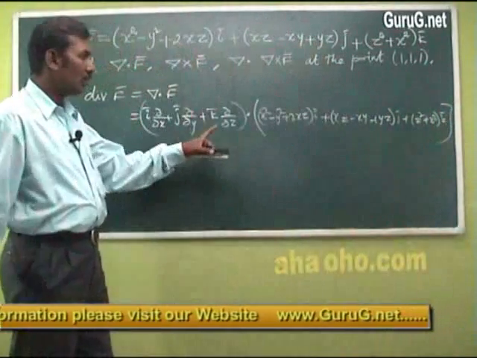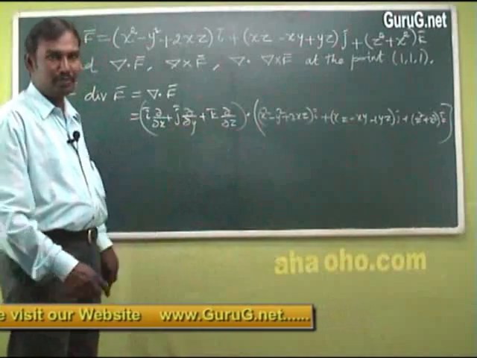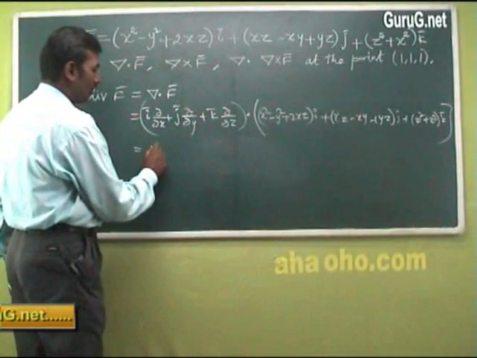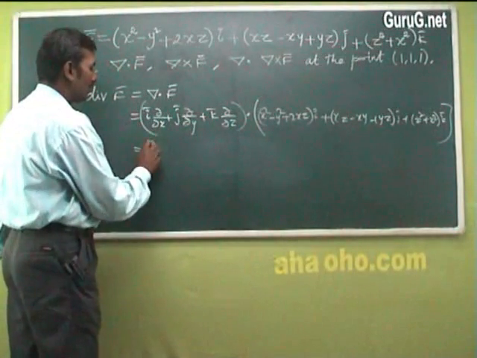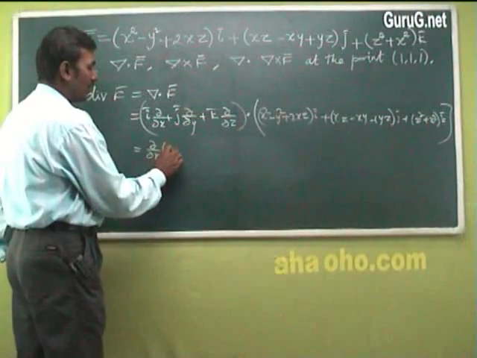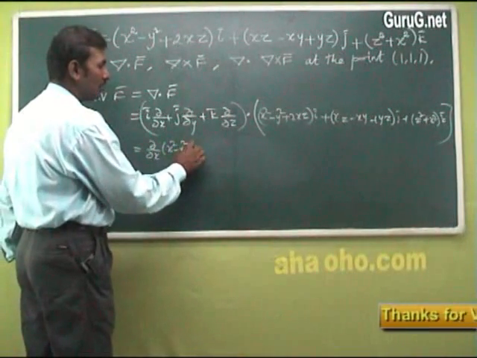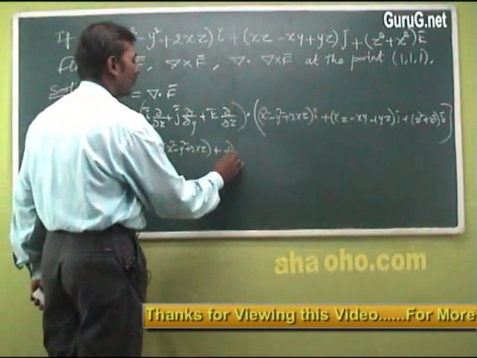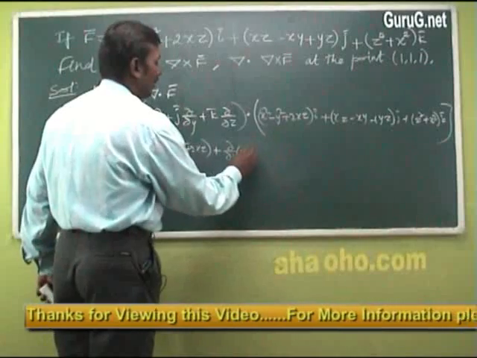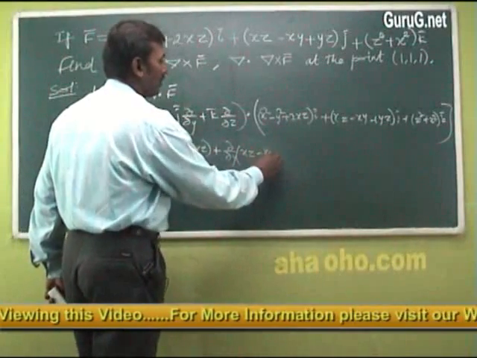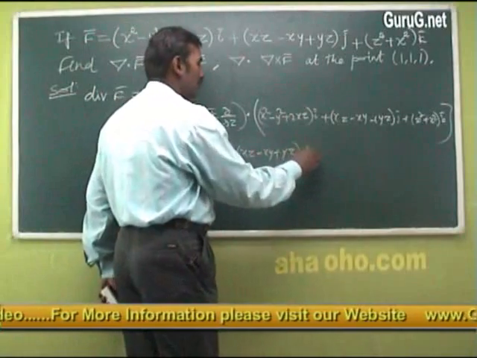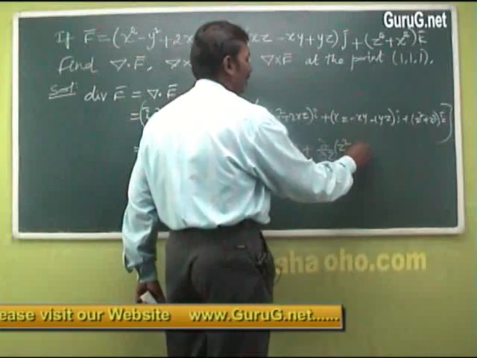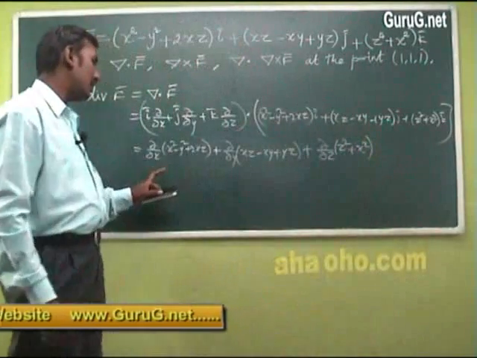So it is a dot product, so we multiply the corresponding elements. Dou by dou x of this, what will come? 2x. So dou by dou x of x squared minus y squared plus 2xz, plus dou by dou y of the second term xz minus xy plus yz, and then plus dou by dou z of z squared plus x squared.